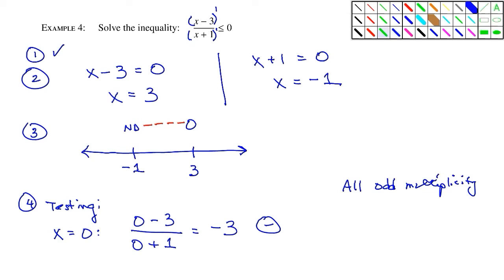Now, the rules for multiplicity work for zeros or the factors that created the undefined points, like x plus 1 in the denominator. So when I cross over at x equals 3, it does change it to a positive. And you can cross backwards too. You can cross going backwards over here. So it was negative, and then when I cross backwards over negative 1, that changes it from a negative to a positive as well.